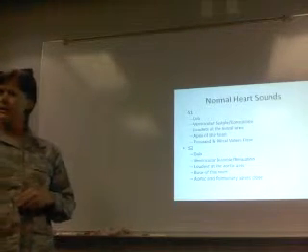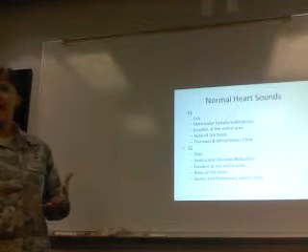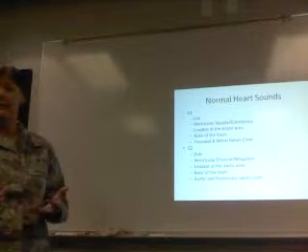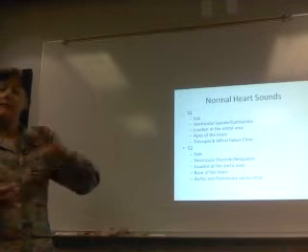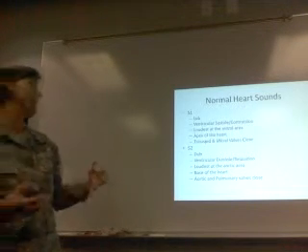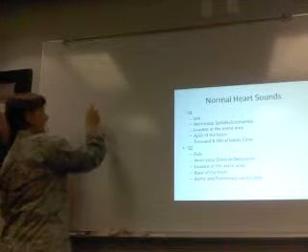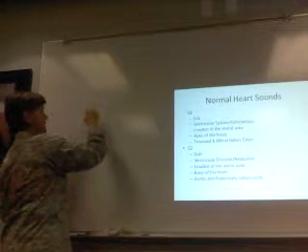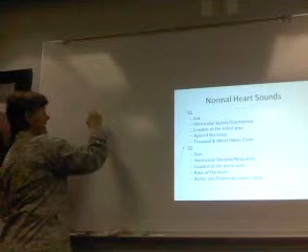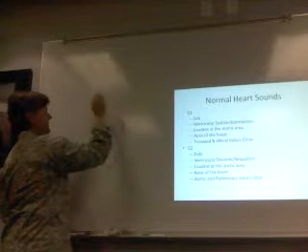And remember, I don't know if I reviewed this, but the whole reason that we have the different cardiac valves is so that blood doesn't flow back into a certain area. So, for example, with the tricuspid valve, they're going to be open when the atria are contracting, right? And then, same with the mitral valve.